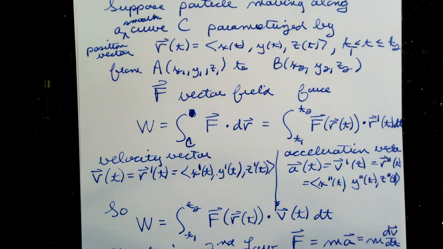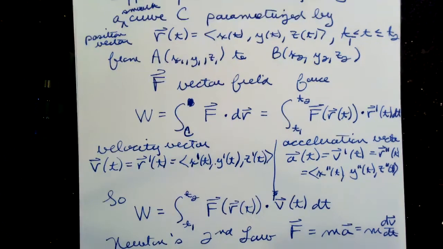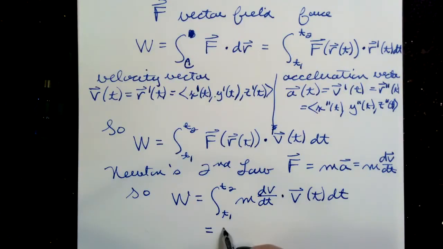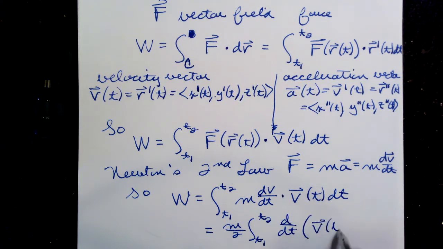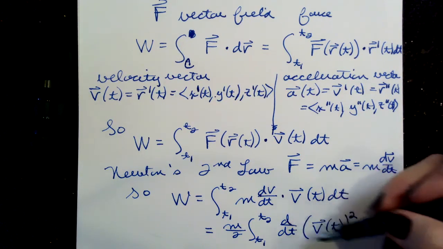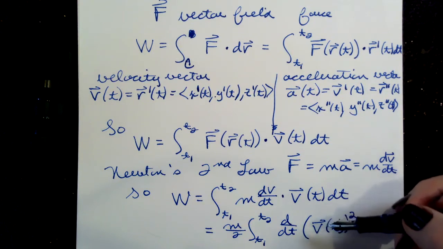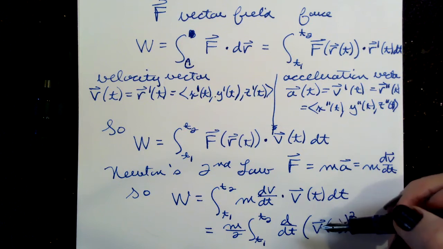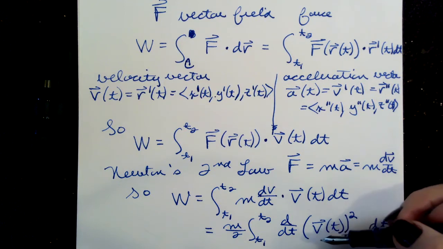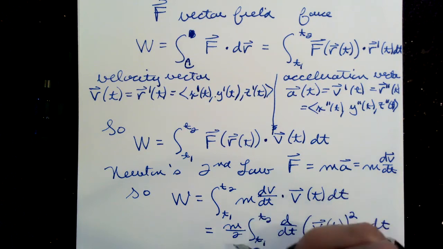Now, if you stare at that for a minute, this is equal to m over 2 times the integral from t1 to t2 of the derivative with respect to t of v of t quantity squared dt. Because if you differentiate v of t squared, you get 2 v of t, but you're differentiating a vector, so how did that differentiation rule go? You get 2 v of t dotted with v prime of t, which is exactly what you have here, because the 2 cancels with the 1/2 out in front.